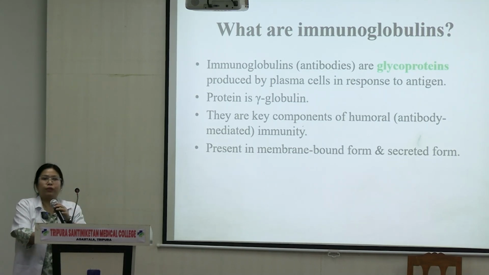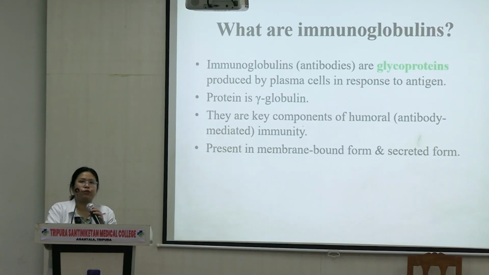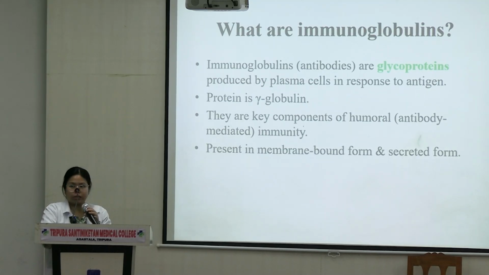It is a gamma globulin. Globulin, or glycoprotein, if you remember, these are the complex proteins. If you remember from the protein chapter, there were two types of proteins. One was simple protein, one was complex protein. Simple protein was just the pure protein part, and complex protein was protein and a non-protein part.